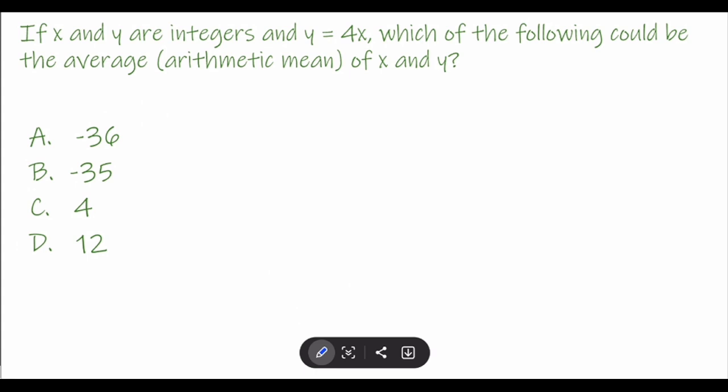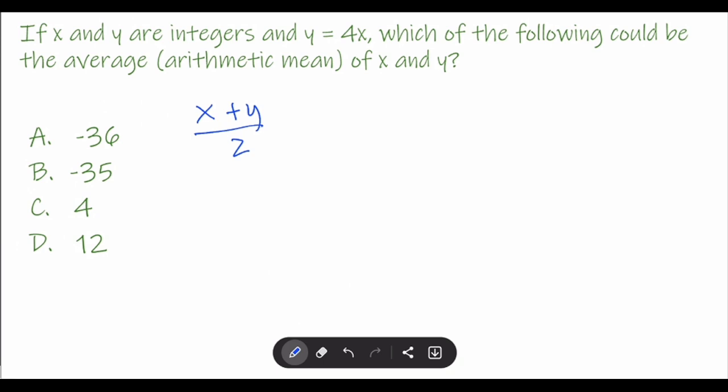Let us understand this, that it says which of the following could be the average. It's given that x and y are integers and y is 4x. To get the average of x and y, you add x and y and then divide by 2 because there are two numbers being added.